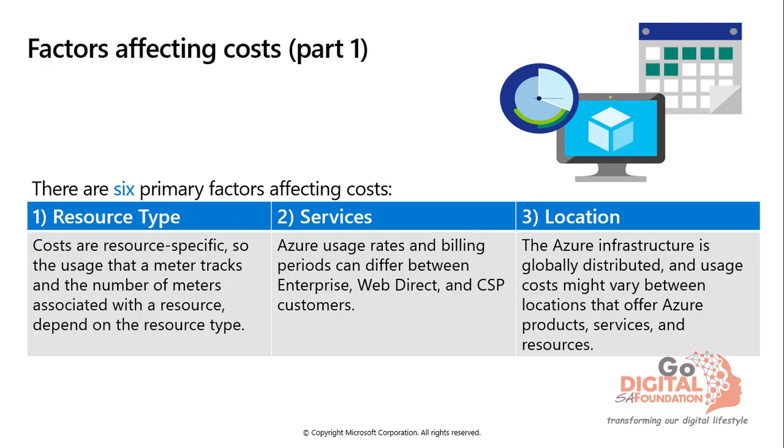And then the location. So just like with the currency difference, just like in the rand and the US dollar and the yen also. So with the location, the Azure infrastructure is globally distributed, and usage costs might vary between locations that offer Azure products, services, and resources.